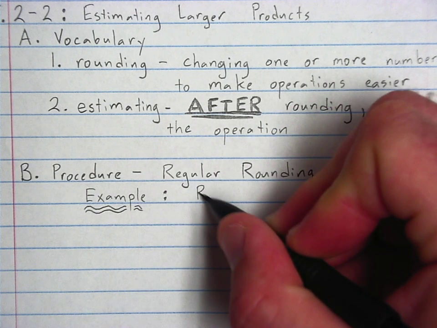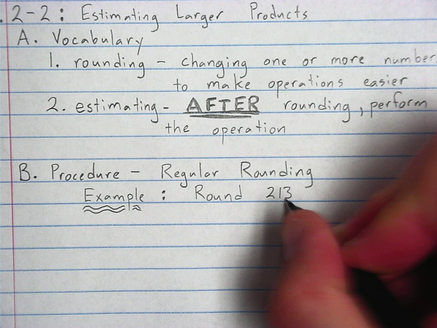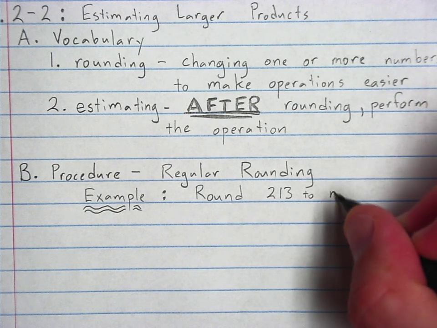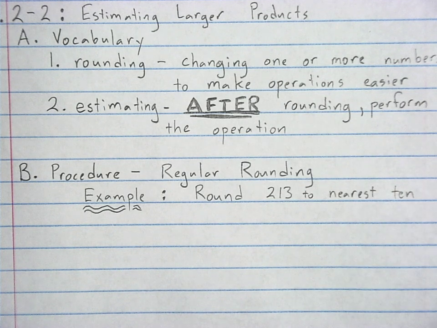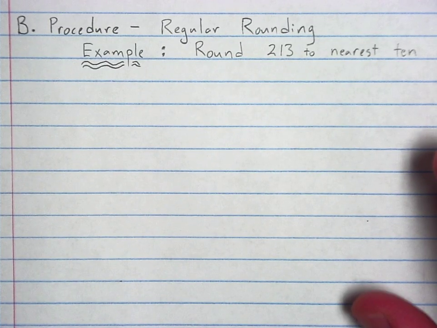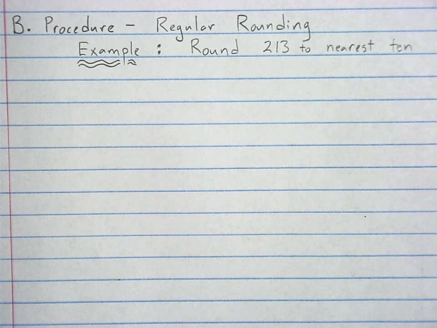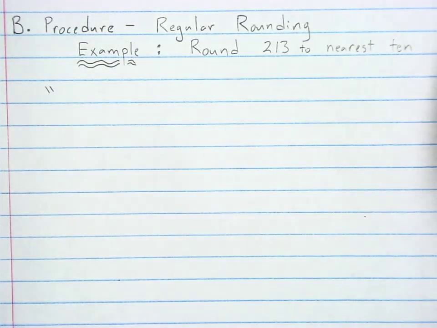So, for this example, round 213 to the nearest 10. No decimals or craziness right now. Don't worry, we'll get back to that stuff later. For right now, 213 to the nearest 10. Let's go through our little rhyme.